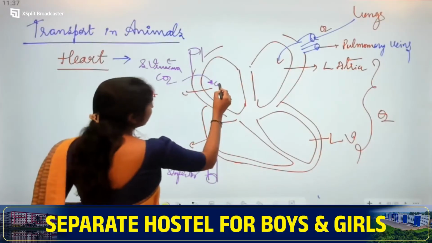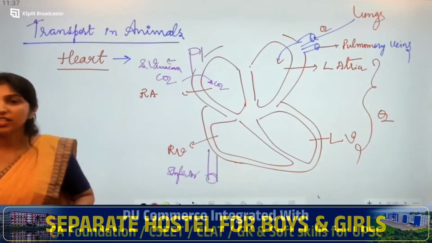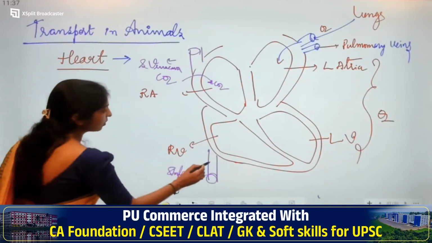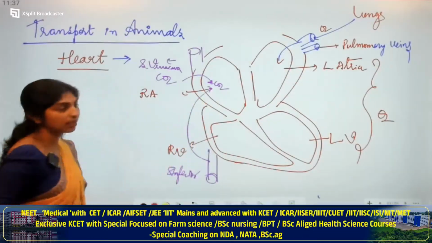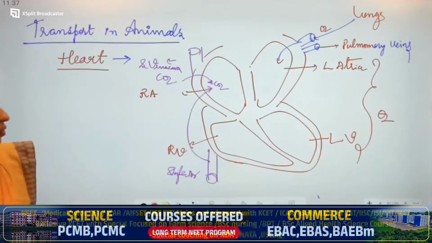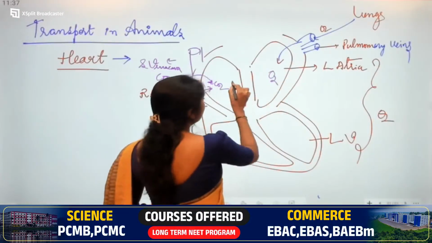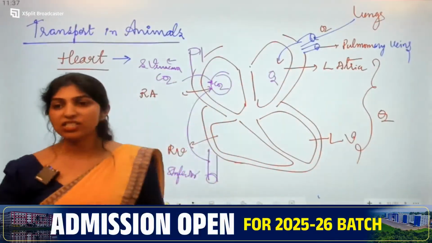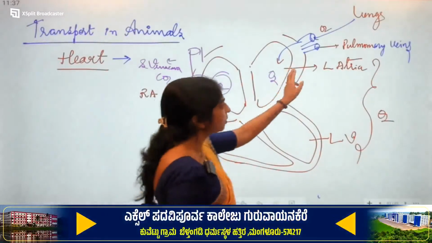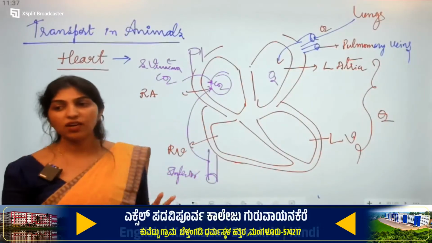The inferior vena cava carries deoxygenated blood from the lower part of the body. This much is clear? So the left atria receives oxygenated blood and the right atria receives deoxygenated blood, from the pulmonary veins and from the superior and inferior vena cava respectively.